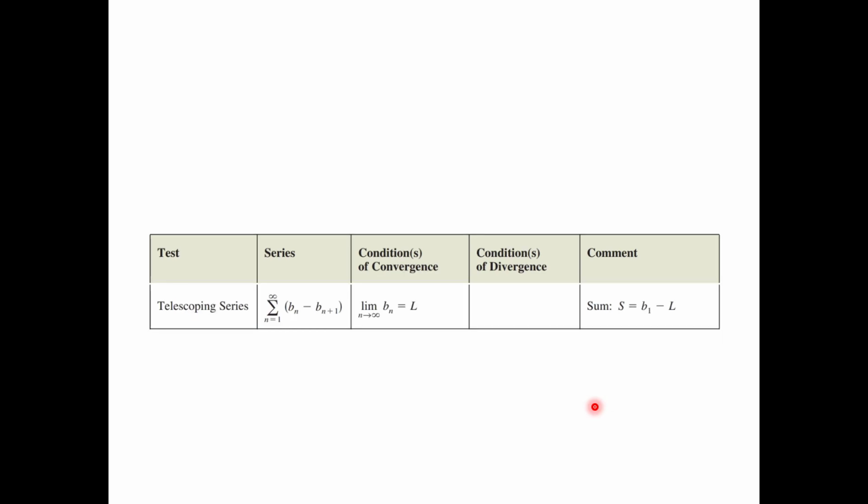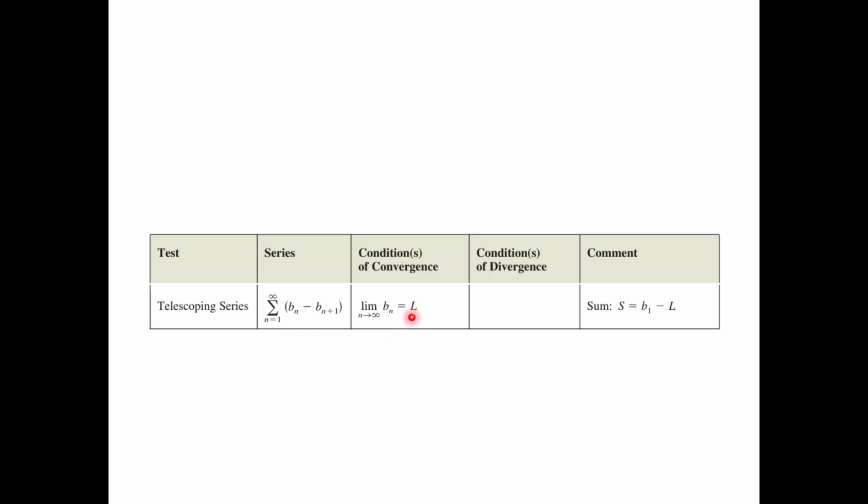If you have a telescoping series, it'll look like this, when your terms look like b sub n minus b sub n plus 1, where the same formula is going to come up and eventually some terms will cancel out. When you have a telescoping series, you can find a formula for the nth term of the partial sum, and you could then take the limit.